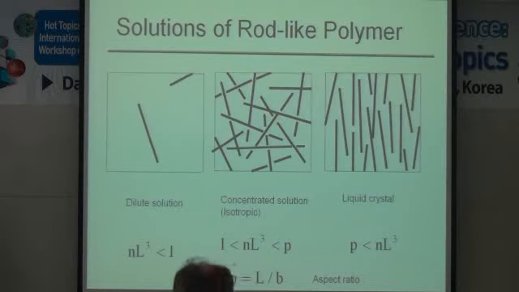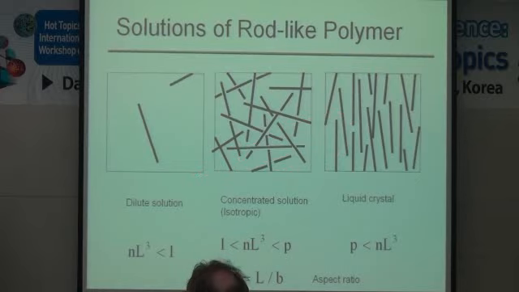Now the rod-like polymers have, depending on the concentration, these structures. If the concentration is very small, you have dilute solutions where individual molecules can move around independently of each other. If we increase the concentration, the polymers hinder each other.